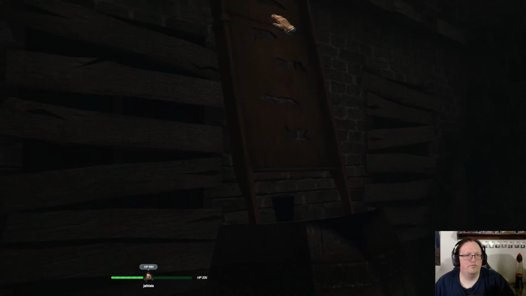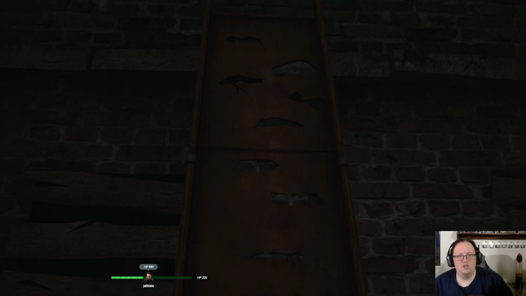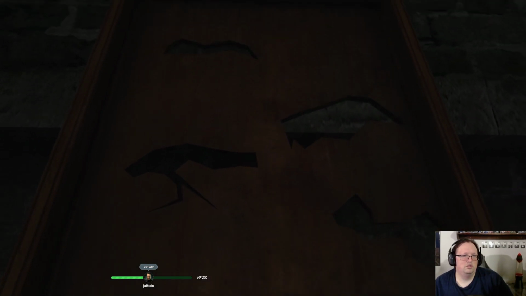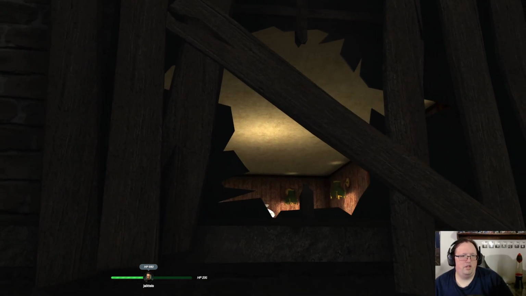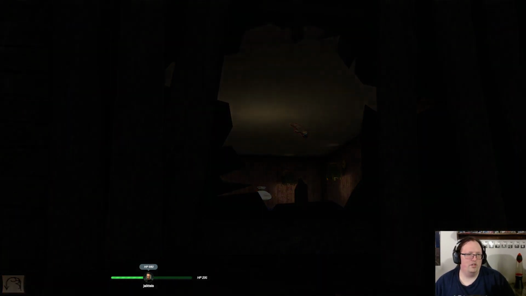I use it to chisel a bunch of holes to make it into a ladder. Weight. And then I climb up into the window. Oy vey. And now I use the pincers to pull off the board and crawl through.